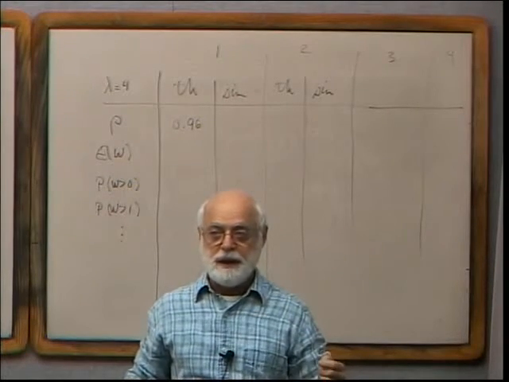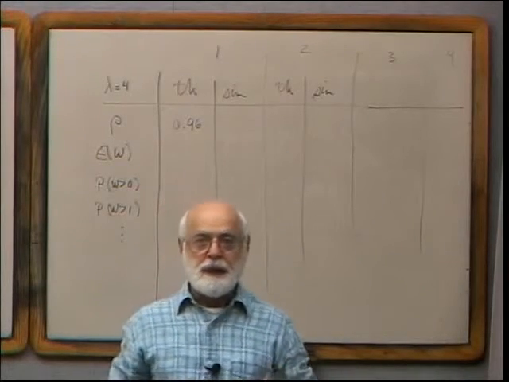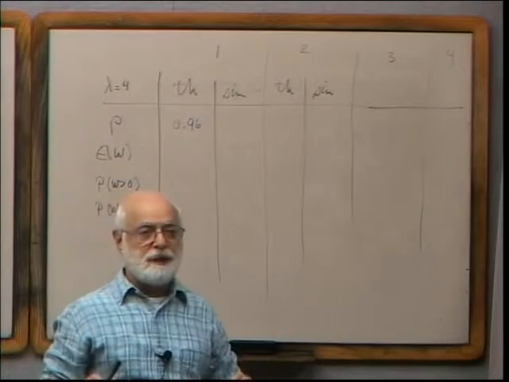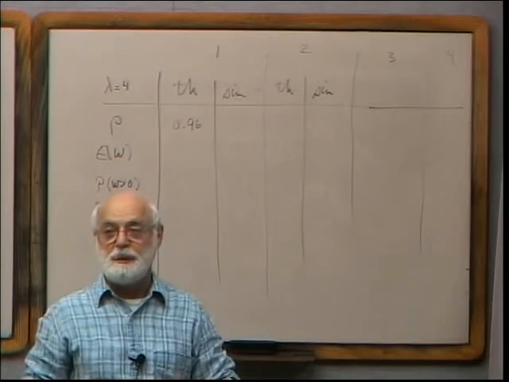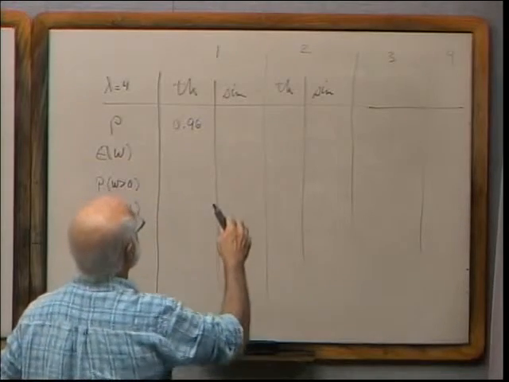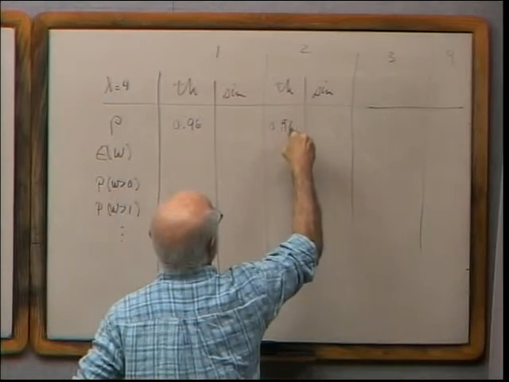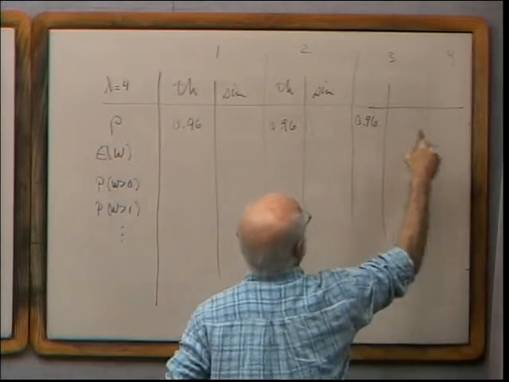So for example, I said from Little's formula that the formula for the utilization, if everybody who arrives is carried, is going to be exactly the same as before. So in fact, in every case, the theory is going to be 96% for the utilization. So when you run the simulation, you'll see that that's true.